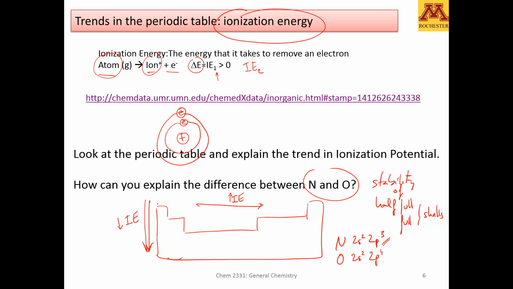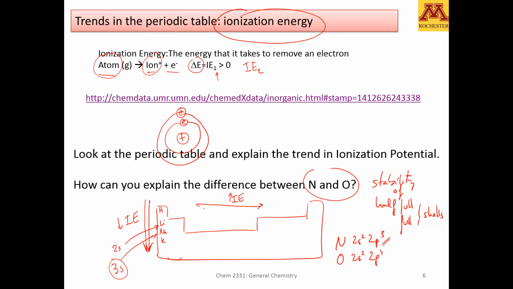So as you go down the periodic table, hydrogen, lithium, sodium, potassium, the electron here is in the 2s, the electron in sodium is in the 3s. This one is farther away, therefore less attracted by the nucleus, therefore it'll take less energy to be removed.